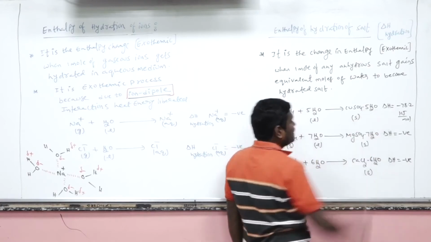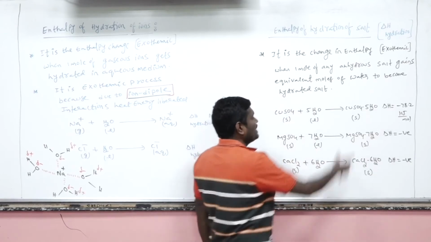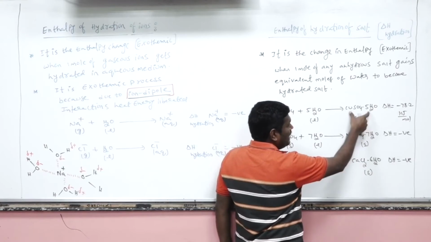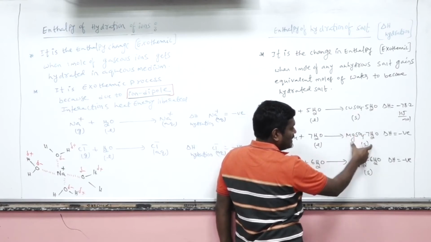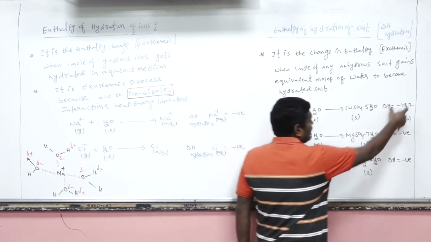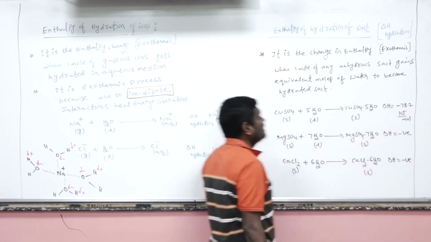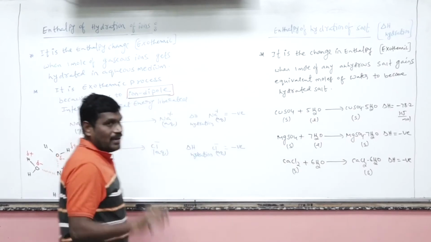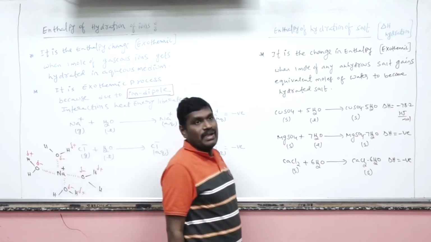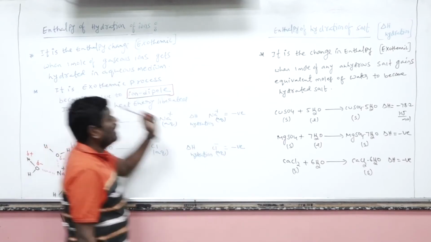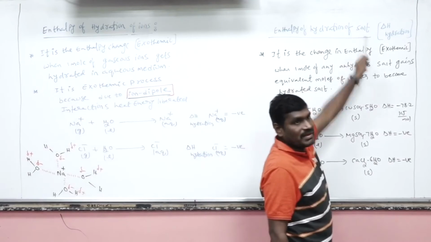The water molecules are present here in crystalline form. Now this is a hydrated crystal. These are hydrated salts. In this, the amount of heat energy released is known as enthalpy of hydration. Enthalpy of hydration corresponds to ions and also to salt.